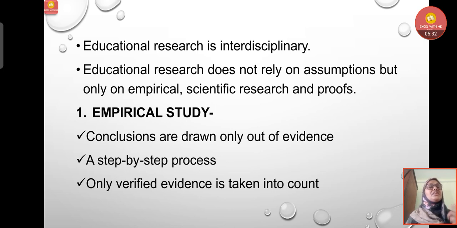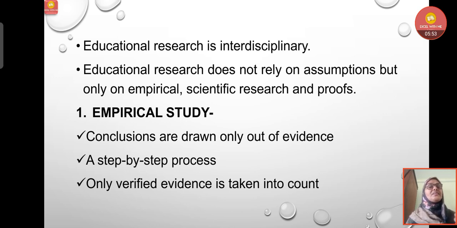Now, educational research does not rely on assumptions but only on empirical scientific research and proofs. So, we assume things, but there should be some statistical data, that is scientific research. With proofs only we will solve any problem.